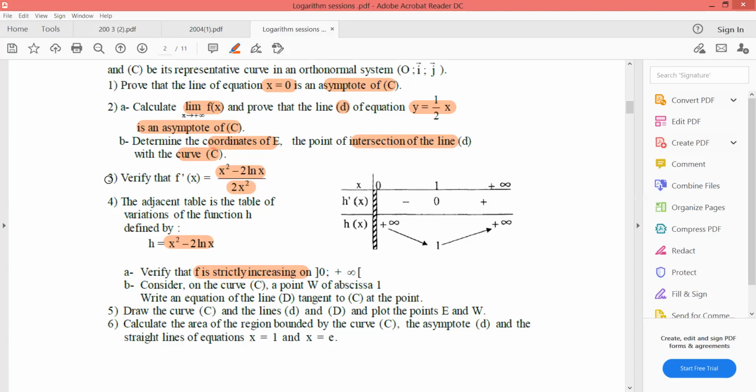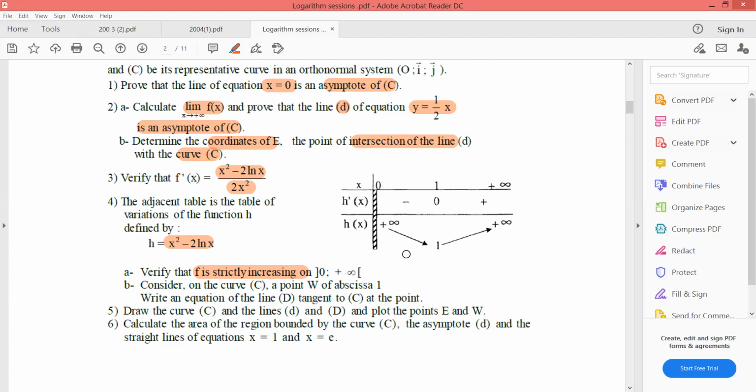So in part 3, we get f prime x equals x squared minus 2 ln x over 2x squared. 2x squared is positive. X squared minus 2 ln x is hx. From the table of variations of h, the minimum of h is 1.